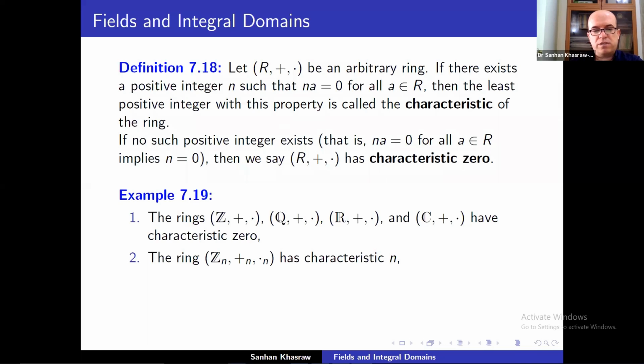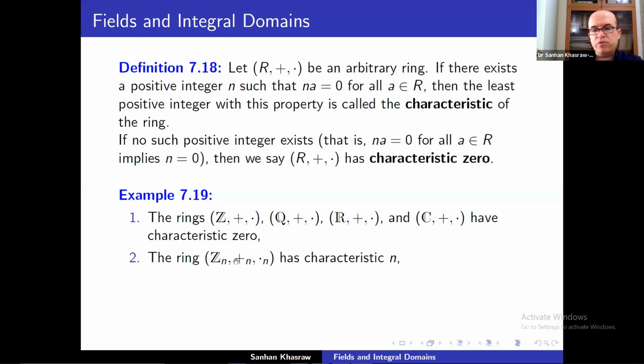Let's look at a few examples. For the rings Z, Q, R, and C, there is no positive integer that we can multiply to all elements to get 0, unless it is 0. So for Z, only 0 multiplied to every element gives 0.